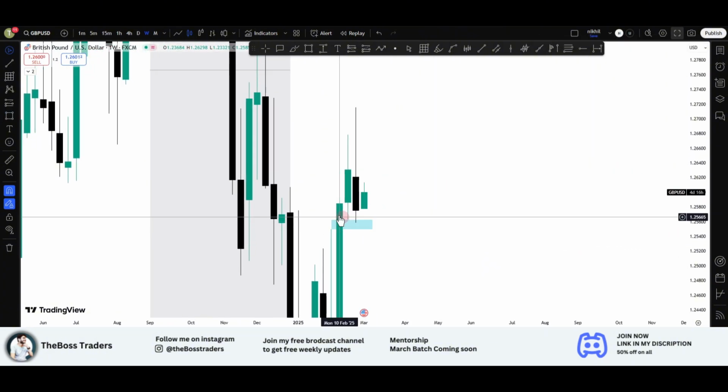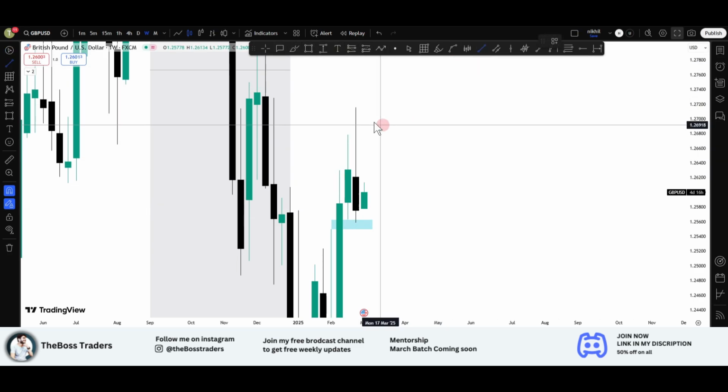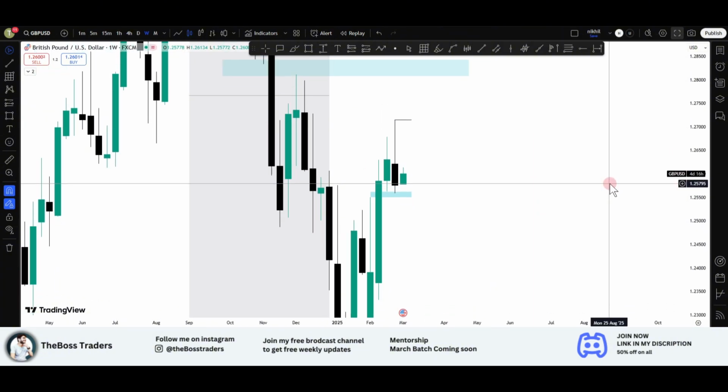Now we can target this high right here, but the problem is that the dollar is strong and the GBP is also showing a sign of strength. So taking a long trade would be unnecessary because you will be stuck in consolidation.